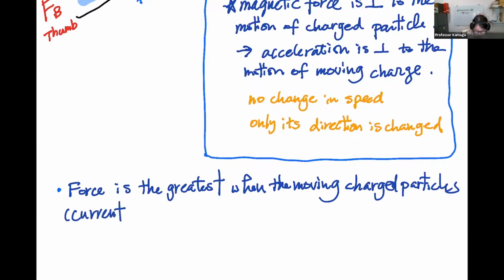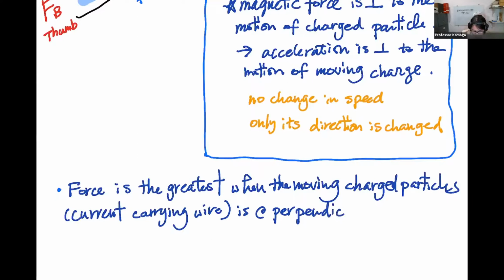Current carrying wire, is perpendicular to the magnetic field.